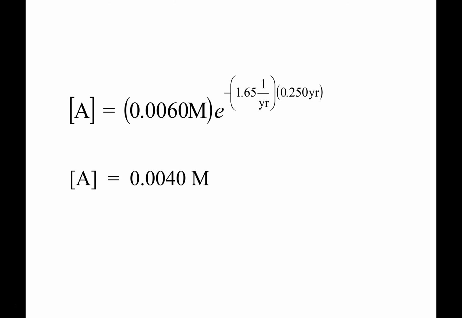So that should work. So I'm going to go shift, and I'm going to begin parentheses. Oh, I'll put negative. Begin parentheses. 1.65 times 0.25 end parentheses, and I'll multiply that by 0.006. Okay? Looks good to me.